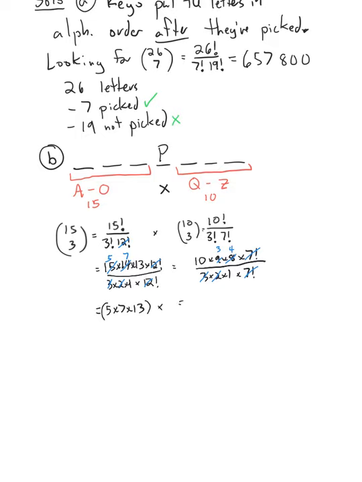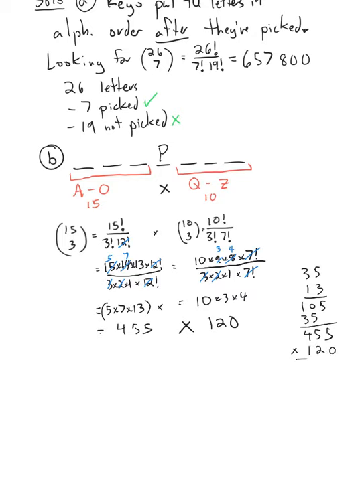So this is 10 times 3 times 4, which is of course 120. So this is 120. 5 times 7 times 13 is 35 times 13. This is 105 plus 35, which is 455. So whatever 455 times 120 is, let's just do it.